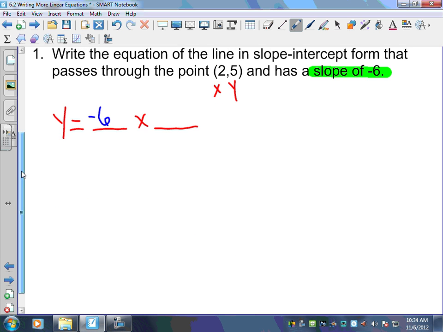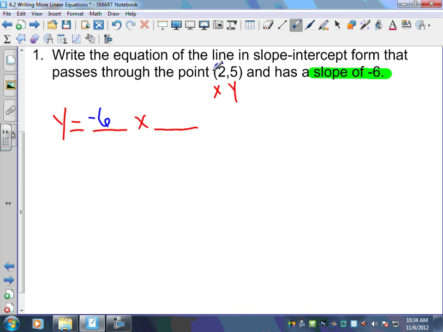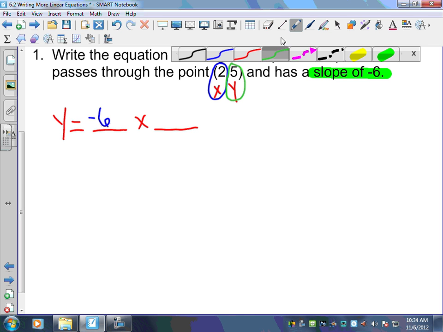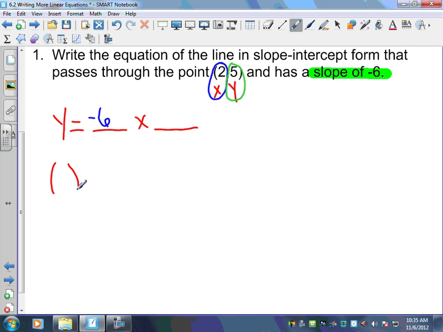Well, I know my x value, and I know my y value. I don't know my y-intercept, which is my b value. So if I substitute y for y, I'm going to keep my -6 as my slope, that's my x value, plus b. I'm going to write b because that is my unknown number.